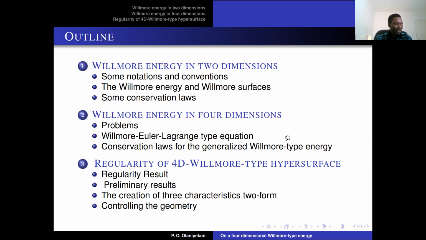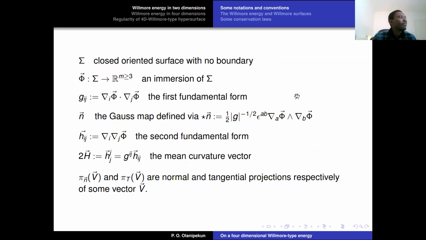And the first result in this direction is the regularity result, which will be the last thing I'll talk about today.